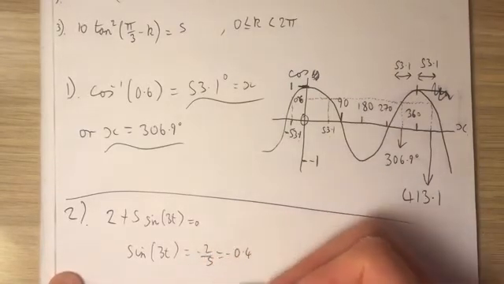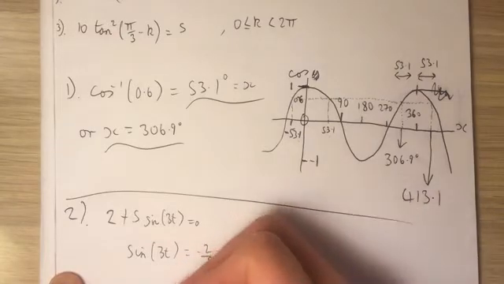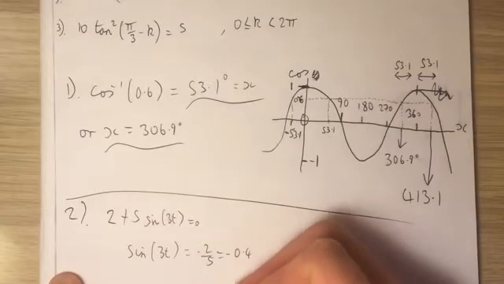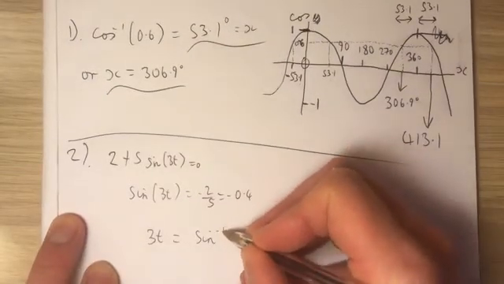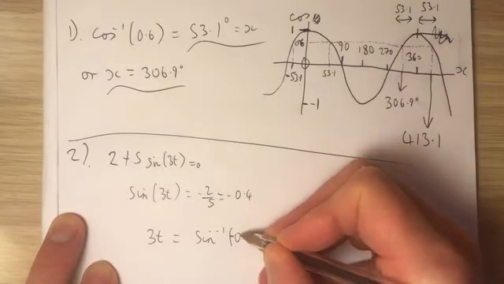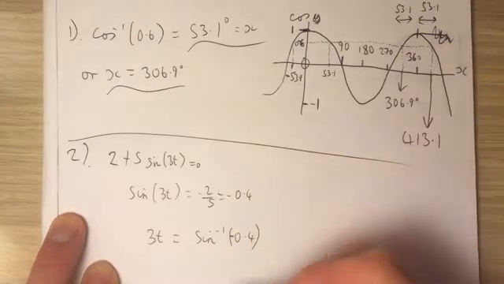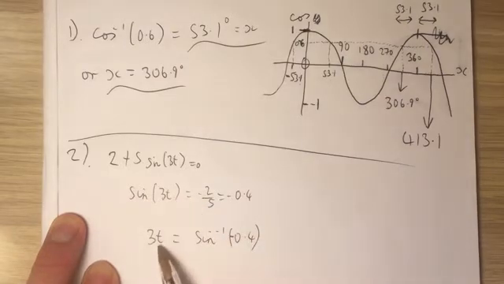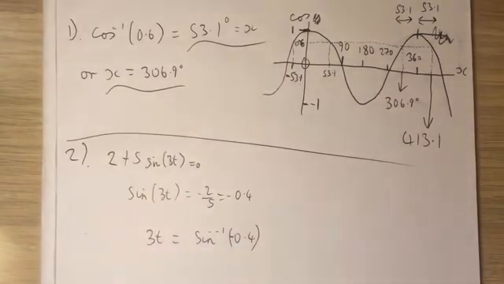If I do inverse sine of both sides, see what happens here. Negative 0.4. I inverse sine, I kill off the sine, I'm left with 3t equals. So let's first type that in.